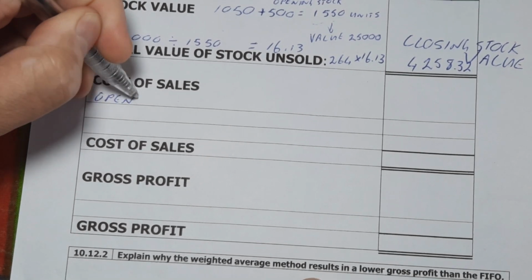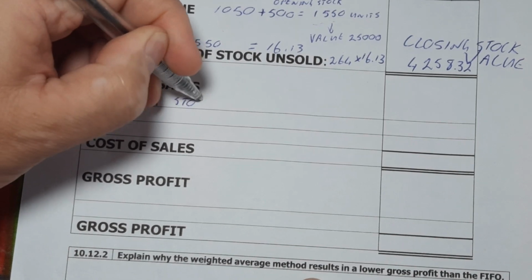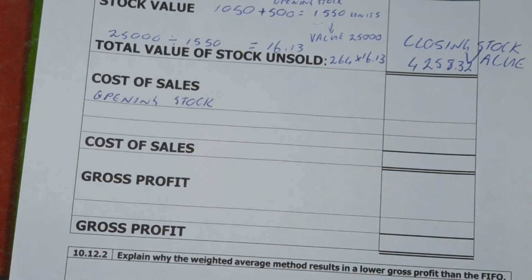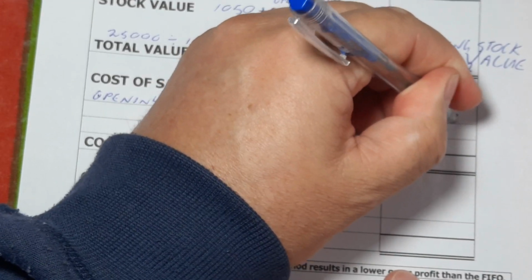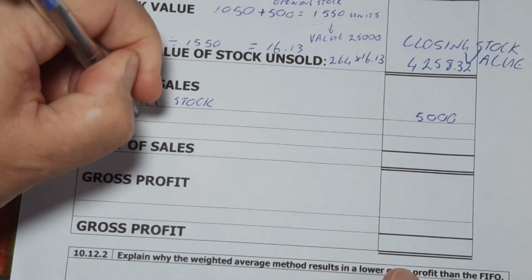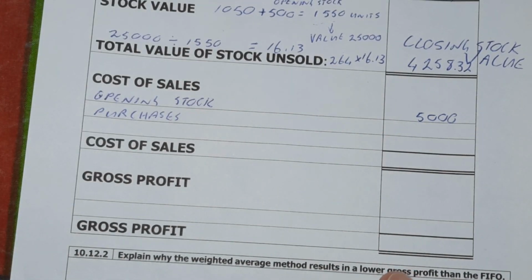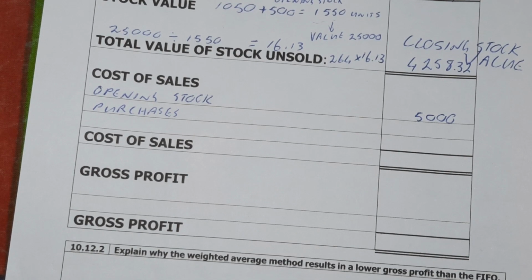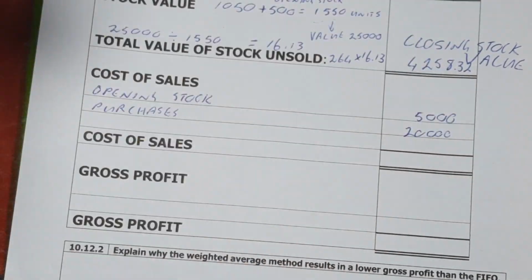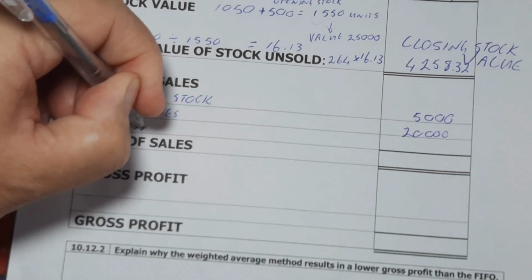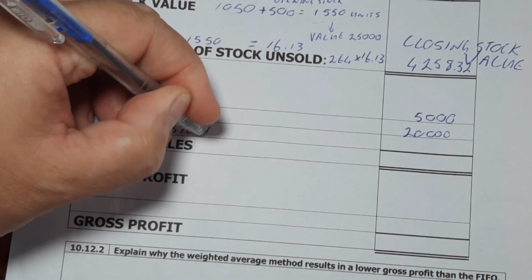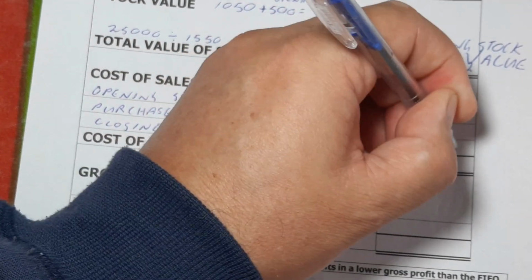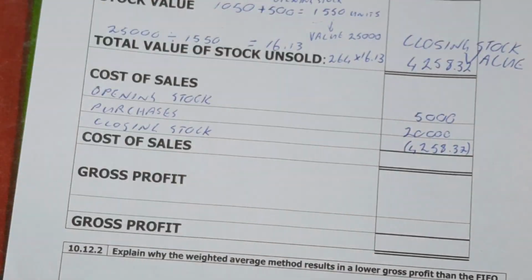So the cost of sales in this case would be as follows. Opening stock stays the same at 5,000. Our purchases stay the same at 20,000. However, our closing stock now is 4,258.32 in brackets.